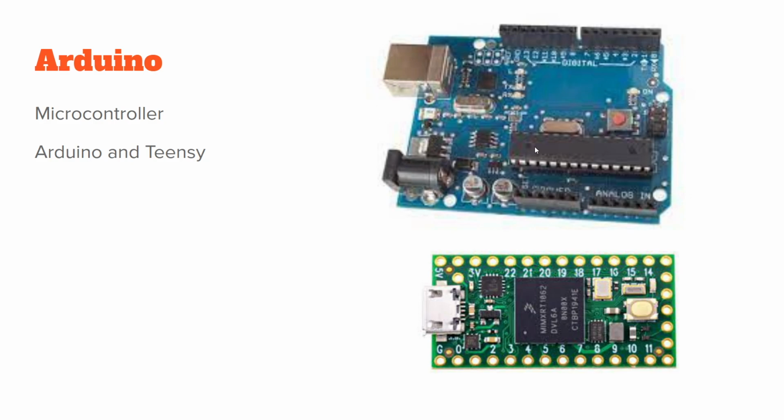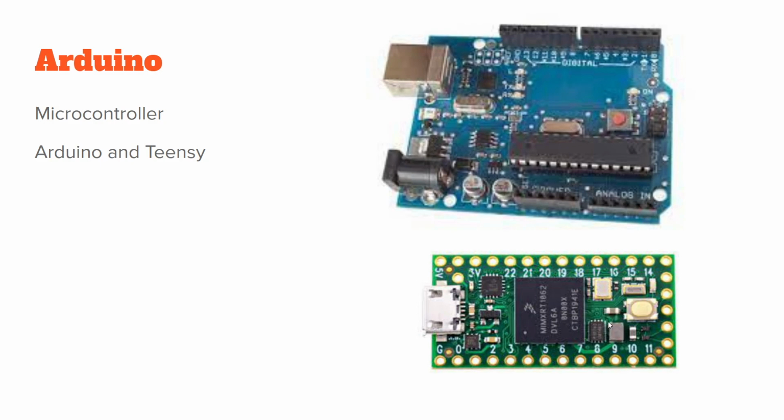So Arduino's an example, and this one down here is called a Teensy. Teensy is basically a very powerful version of an Arduino. It's faster, it has more storage, has more pins. Maybe it has a little less functionality, but still very good.